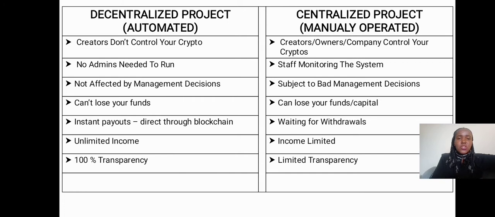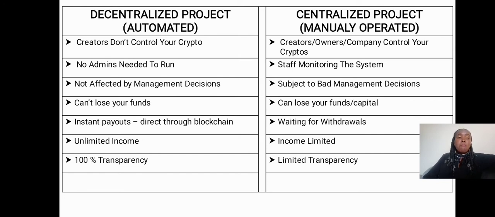What is a decentralized project? It is an automated project. For you to understand decentralization, I would like us to look at the difference between decentralized project and centralized project. In a decentralized project, creators don't control your crypto, but in a centralized project, creators or owners of a company control your crypto.